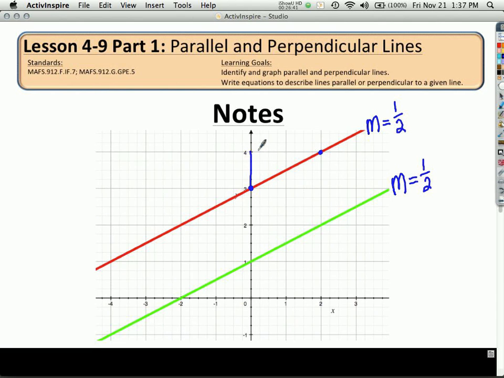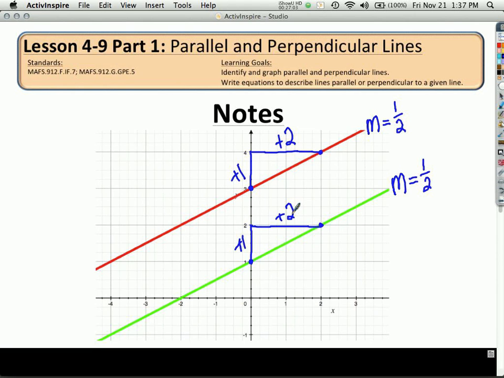Rise +1, run +2, +1, +2, that translates to this. And we get the same thing here. +1, +2. So this is just reinforcing what we just figured out during the warm-up.